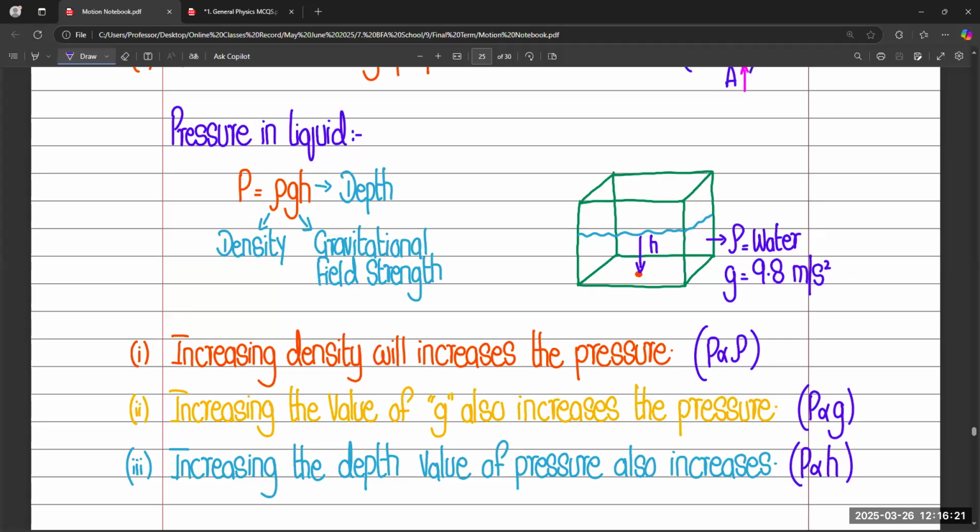So that's why atmospheric pressure is very much high in our surrounding, but during the process of inhale and exhale, we are not able to observe that pressure clearly. But the pressure of the atmosphere, or the pressure of air in our surrounding, is very high.